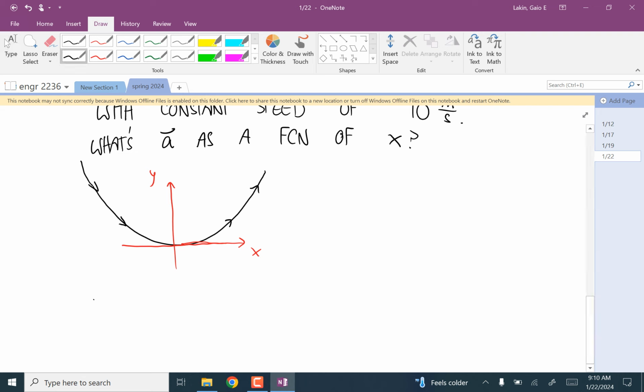So first, notice that the velocity vector is equal to the speed, I'll call that capital V, times a unit vector in the direction of motion.